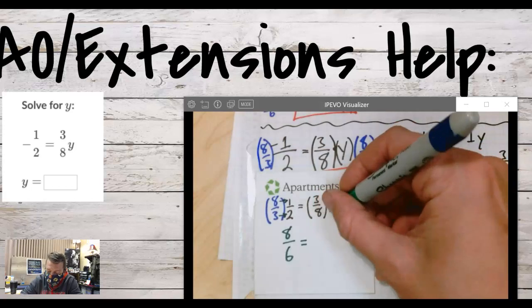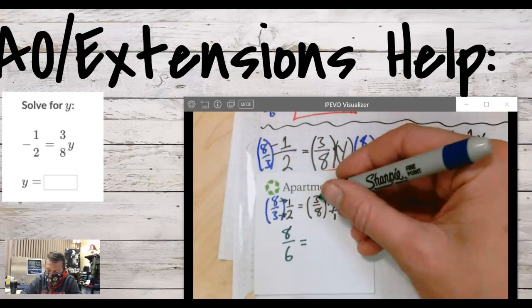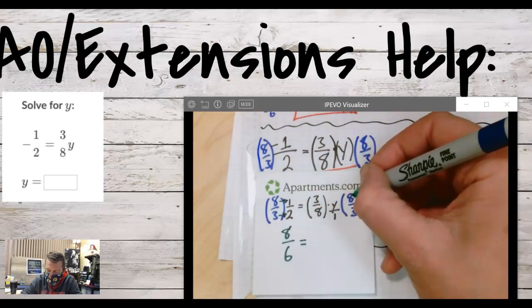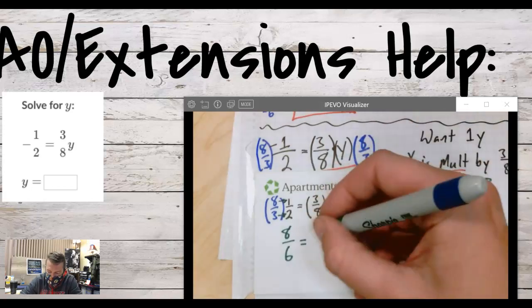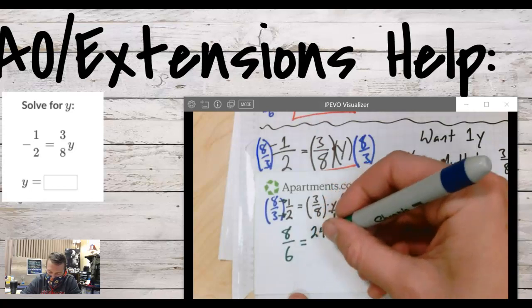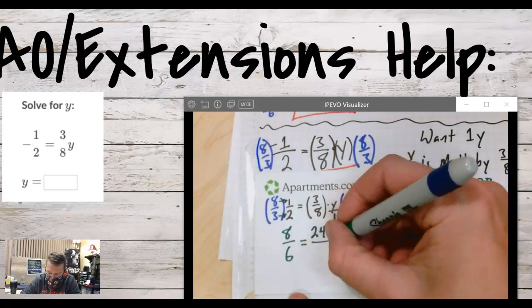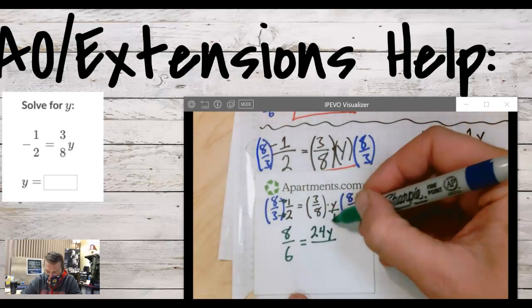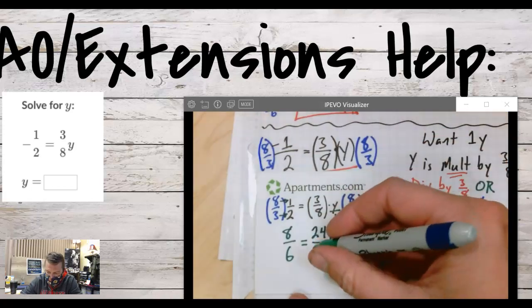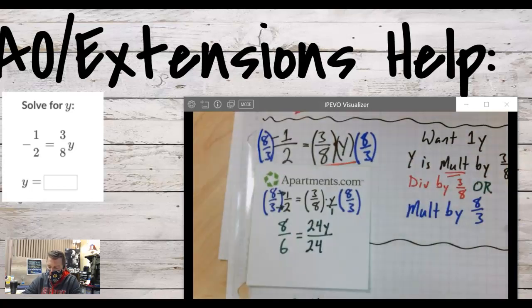A 1, right? So if I put this over a 1, 3 times y times 8, well, 24y, right? I multiply the numbers together and I bring the variable with us. 8 times 1 times 3 for the denominators is still 24.